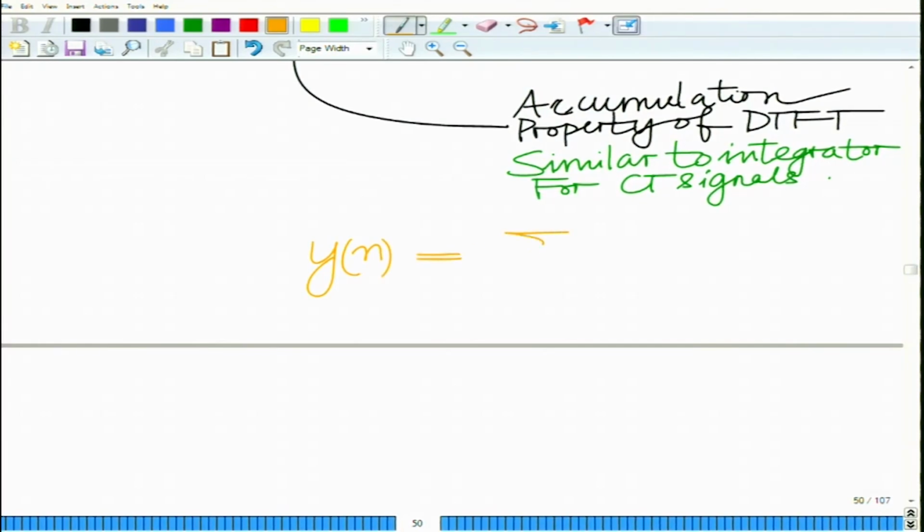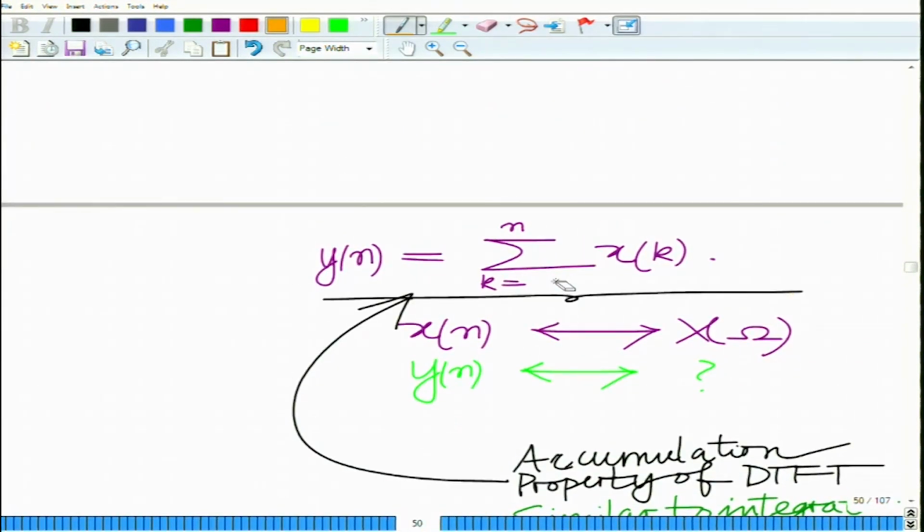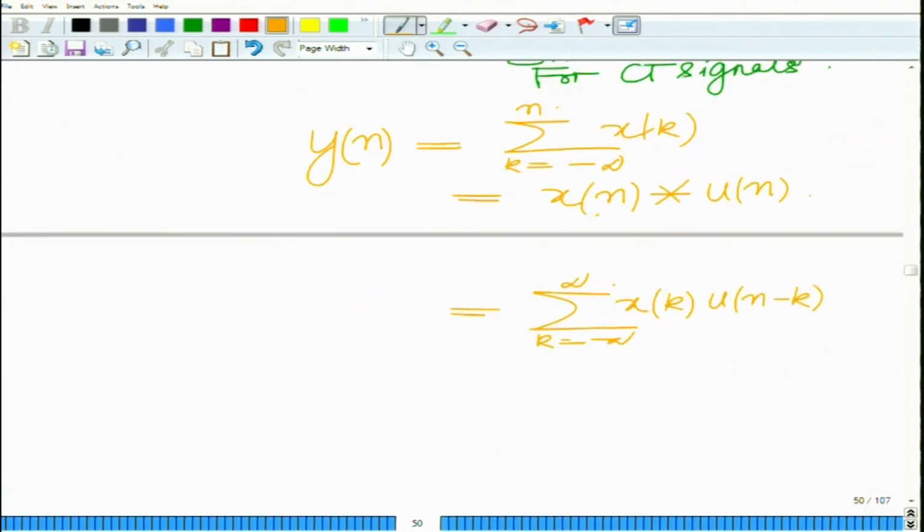You can now realize very simply that y[n] is nothing but summation k equals 0 to n x[k], which is nothing but the convolution of x[n] with u[n], because the convolution of x[n] with u[n] is summation over k of x[k] u[n minus k].